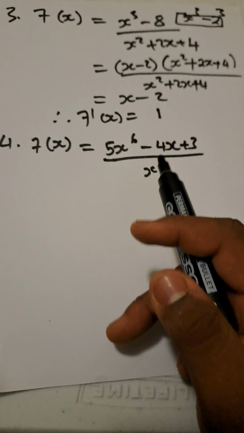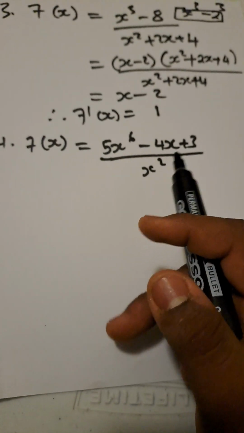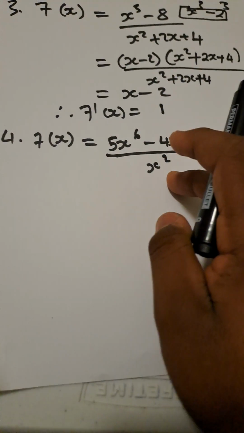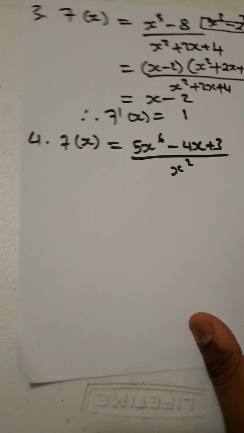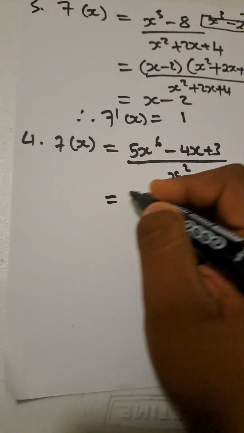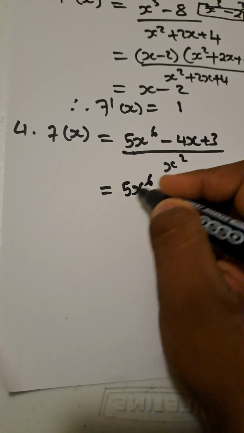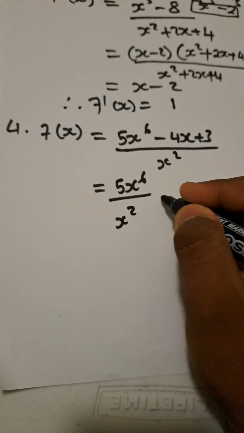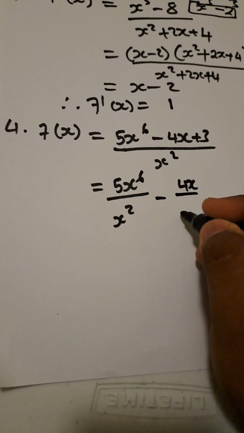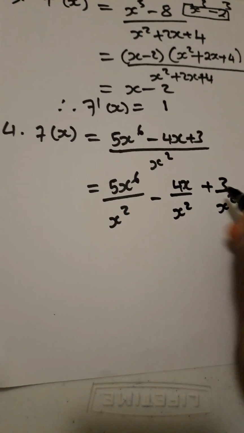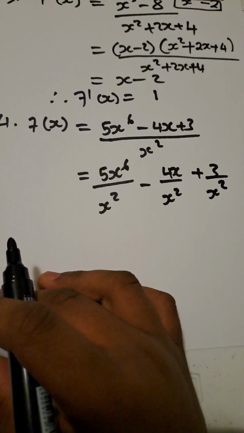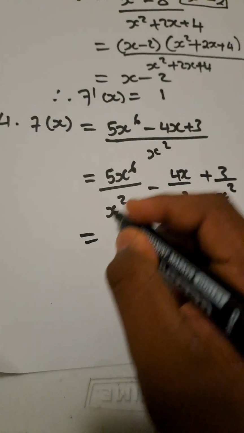If you have a situation like this, you must separate the terms. You must divide everything by the same denominator, since you have only one denominator. So you're going to have 5x to the power of 6 over x squared minus 4x over x squared plus 3 over x squared. That's how you do it, and then you do your maths.